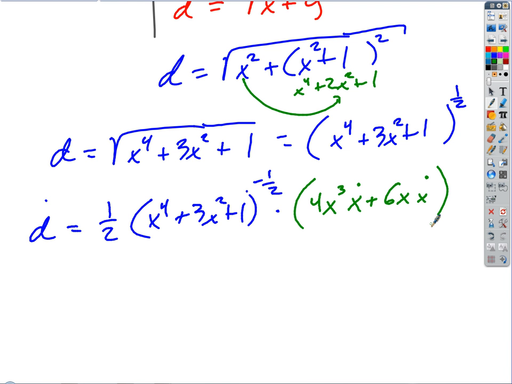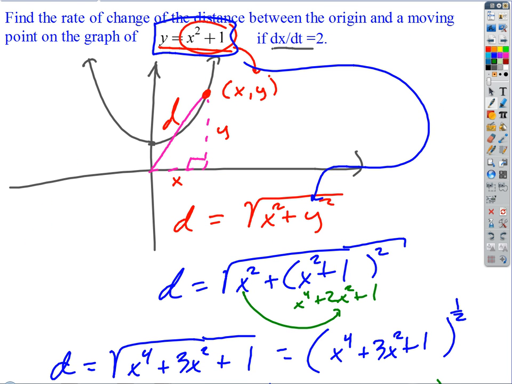Okay, so we got it. Now, do they tell us x here? They just tell us x dot. Find the rate of change of the distance between the origin and a moving point on the graph. So our answer is going to have x's in it, right? Because they never told us, and we can't calculate it, can we? We don't know what x is here.